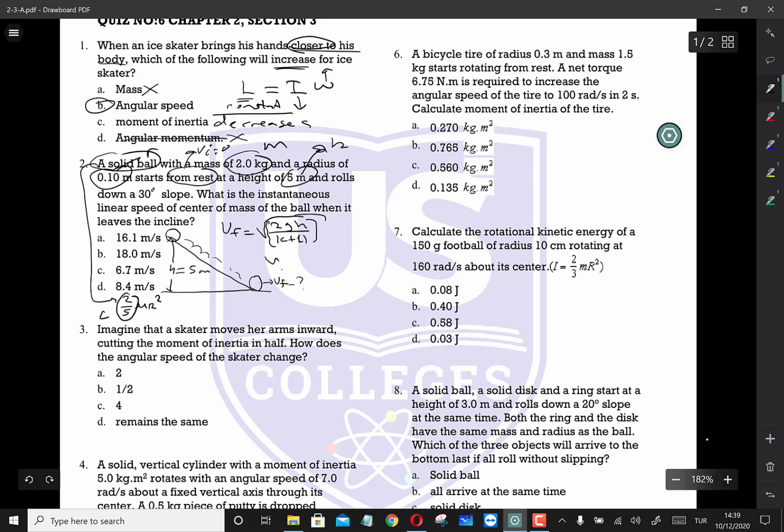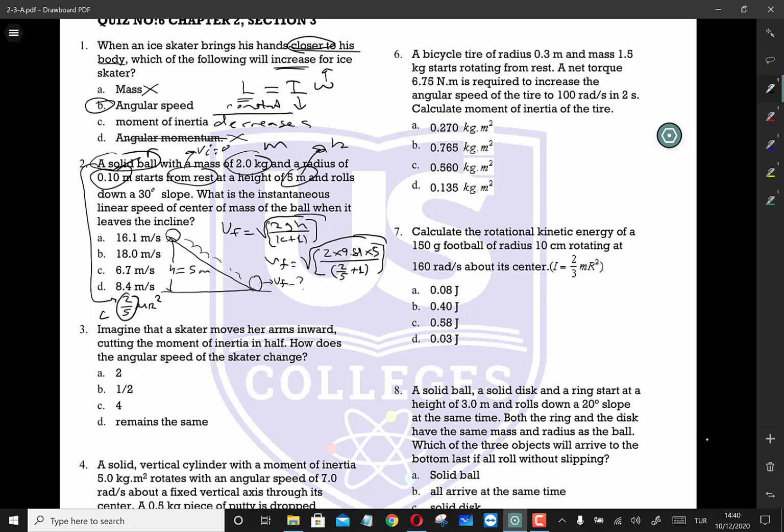So let's calculate it. V final is equal to the root of bracket 2 times g, which is 9.81, times h, 5 meters, divided by bracket c, 2 over 5, plus 1, close the bracket. Using the calculator: root of bracket 2 times 9.81 times 5 divided by bracket 2 over 5, which is 0.4, plus 1, close the bracket, close the bracket.